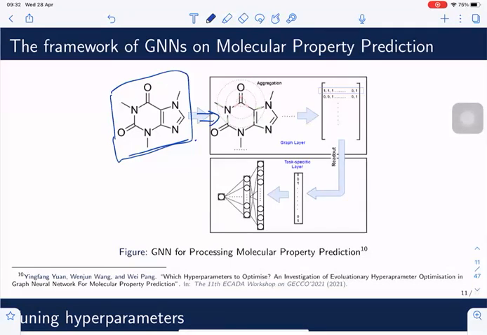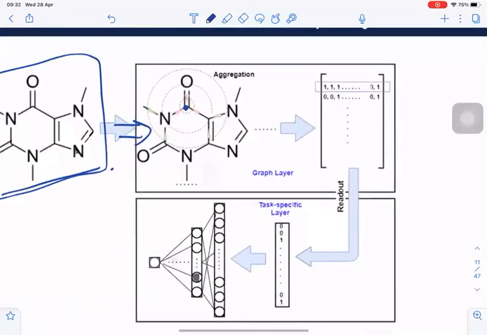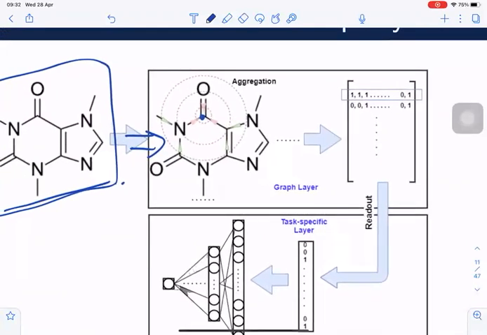Let's see an example. If we want to learn the representation for this node, this carbon, in the first layer, we take the features from the oxygen, nitrogen, and the carbon here, following the red arrows to compute the new representation for the node.